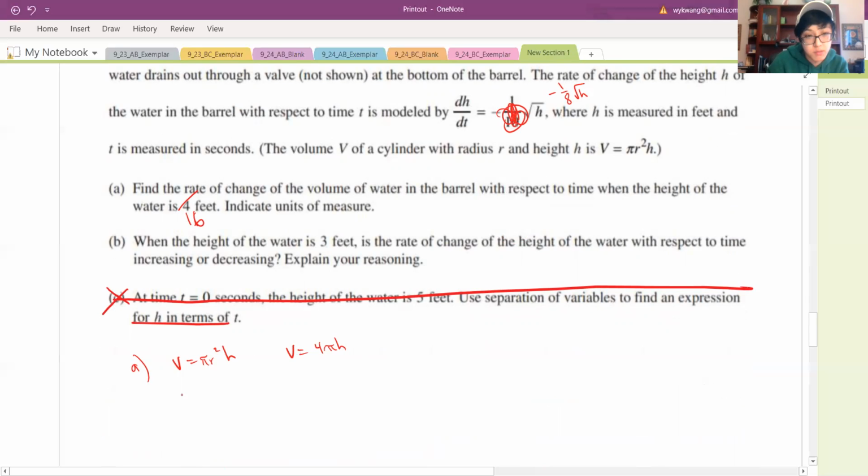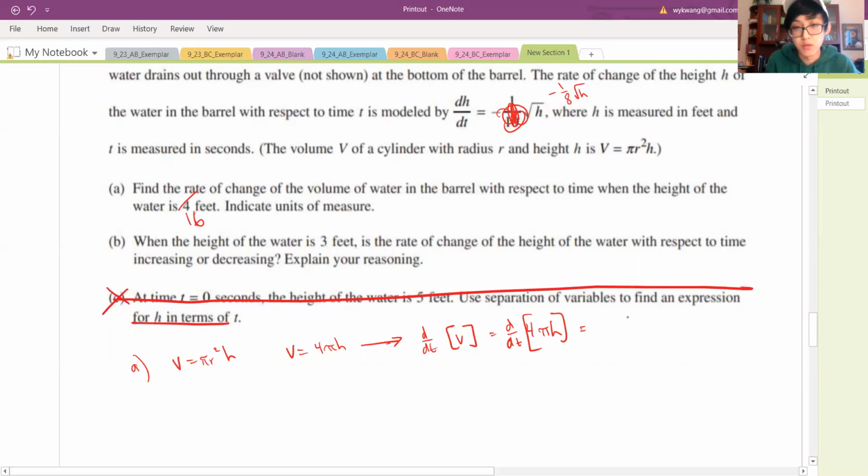So now this is much more pleasant to, okay, sorry about that. So this is much easier to differentiate with respect to time, right? It's literally so easy. So d over dt of v is equal to d over dt of 4 pi h.